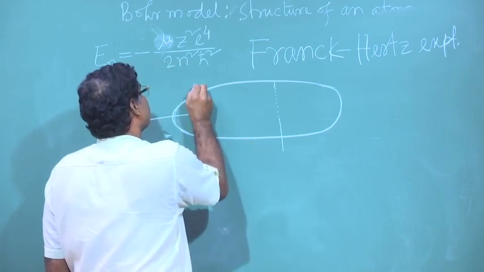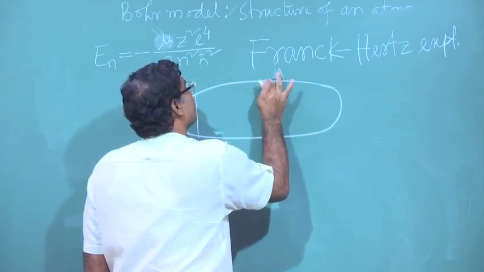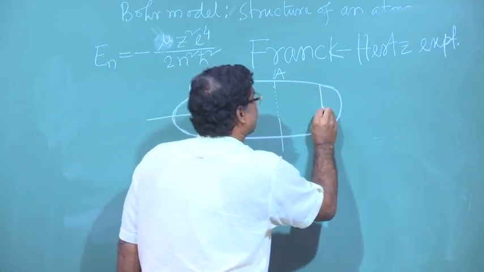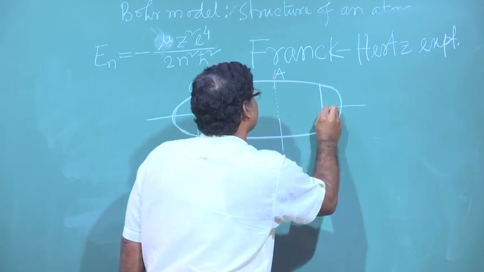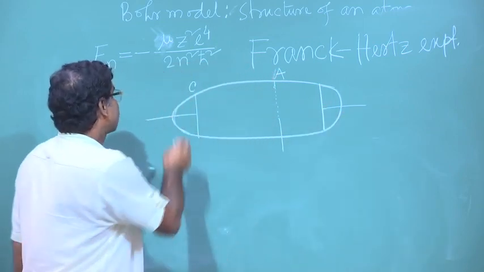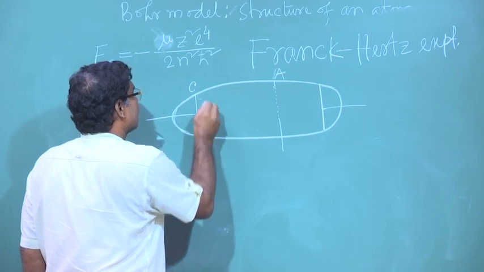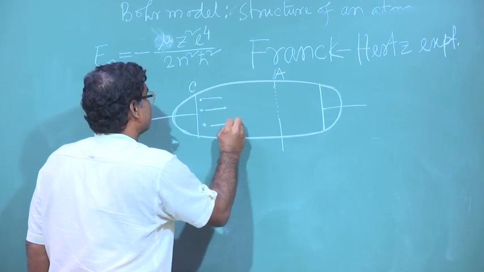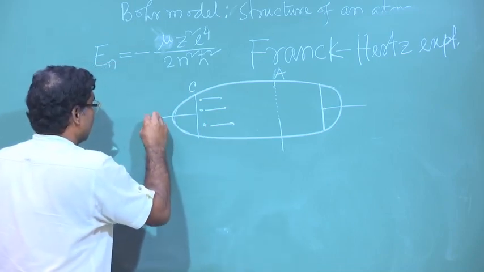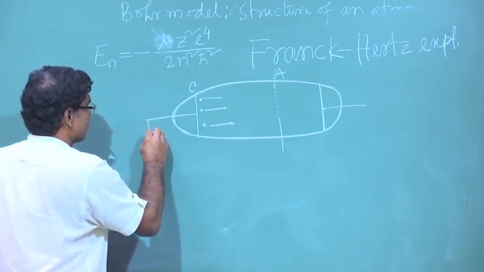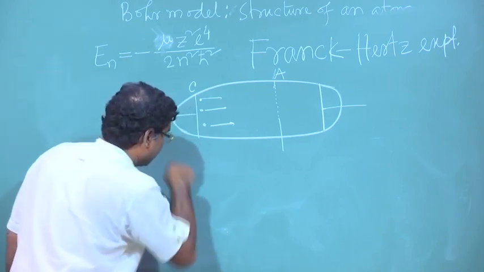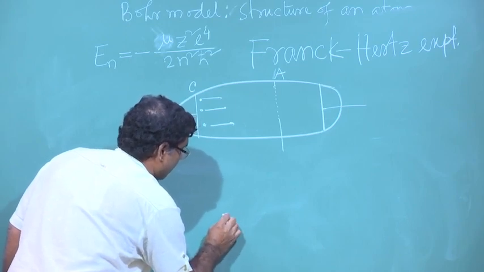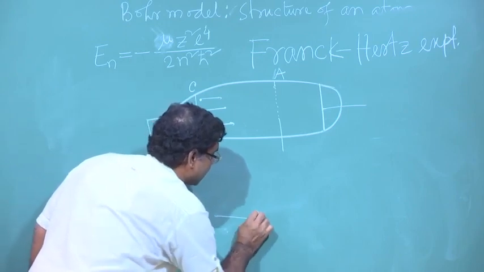This is the cathode, this is the anode, and there is a plate collector. The cathode emits electrons. One power supply was given, so let us take a voltage divider.